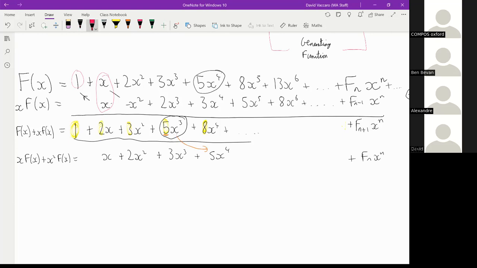And so what we can see here is that every term is the same as the term in the original expansion for f of x. The only thing which has changed is that we don't have a 1 anymore. The 1 is missing. So this right-hand side here is f of x minus 1.